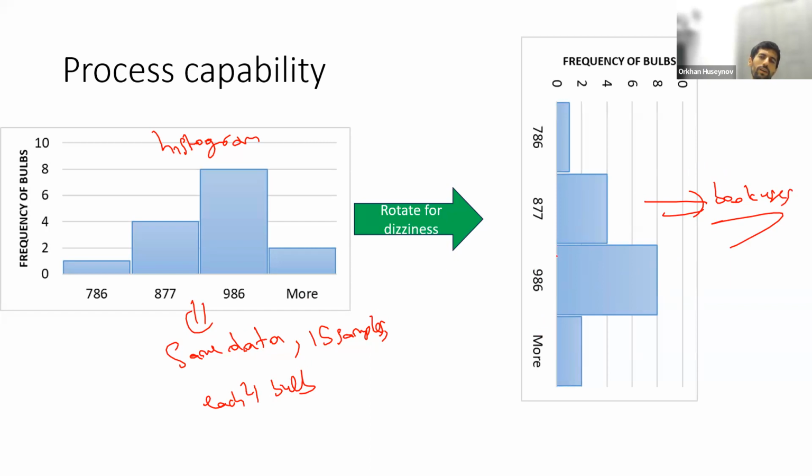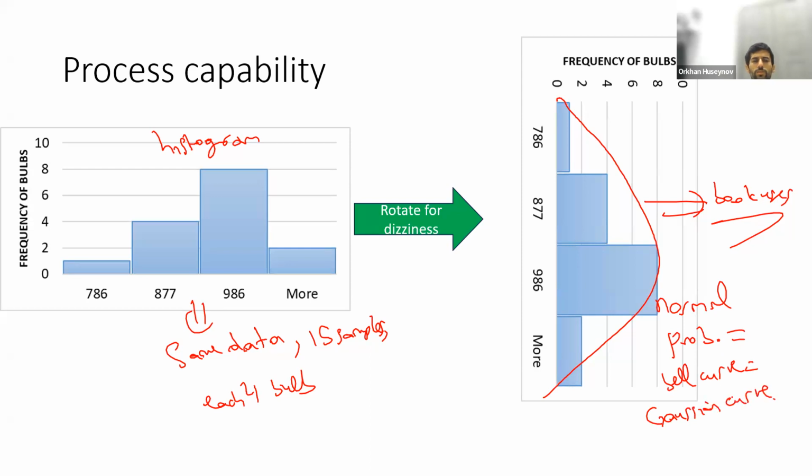okay? And then the question is that we have to look for the process capability. But as you can notice here, this one looks like a normal probability, the bell curve, also called the Gaussian curve.